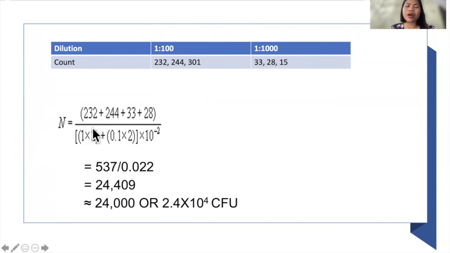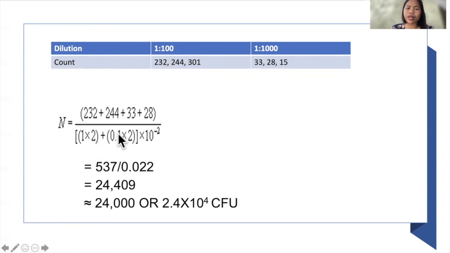But ang nagiging variable dito is the number of plates that's being counted in the first countable dilution. So in this case, the first countable dilution is 10 raised to the negative 2. So we have 2 plates that can be counted in this dilution. So that's why there's 2 here.